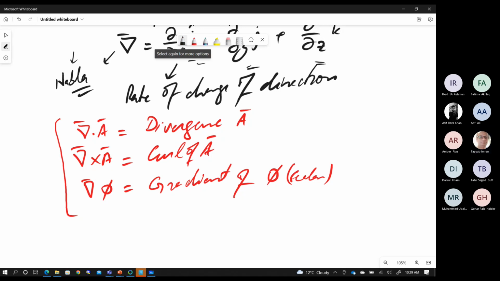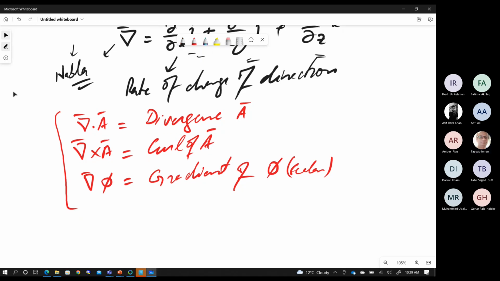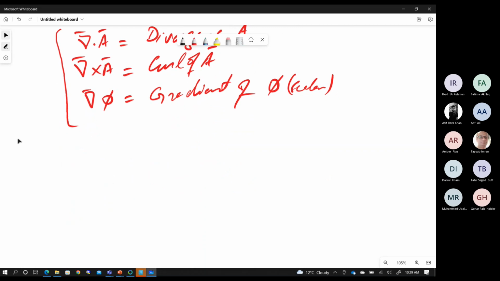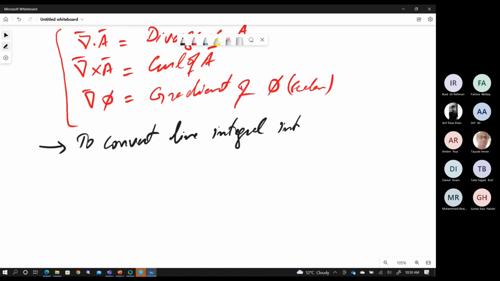Now if you convert a line integral into a surface integral, how to do it?